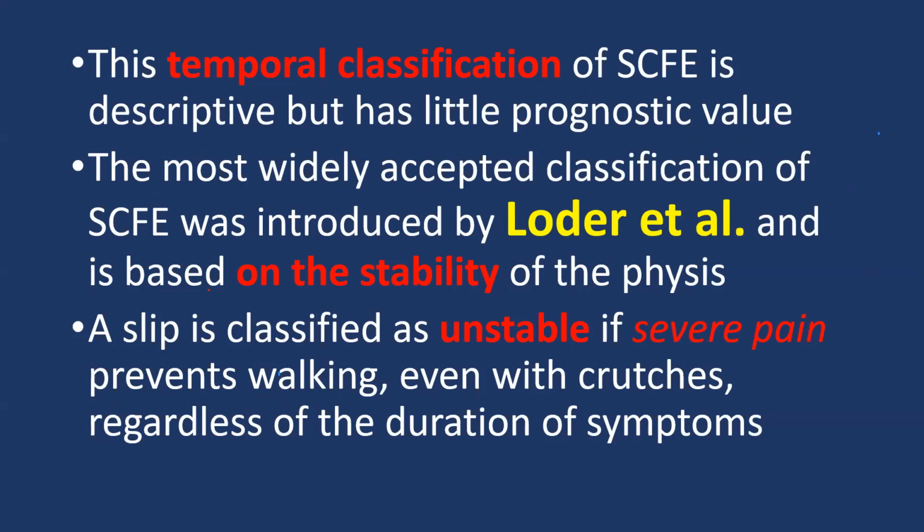The most widely accepted classification is the Loder et al, and is based on the stability of the physis. A slip is classified as unstable if severe pain prevents walking, even with crutches, regardless of the duration of symptoms.